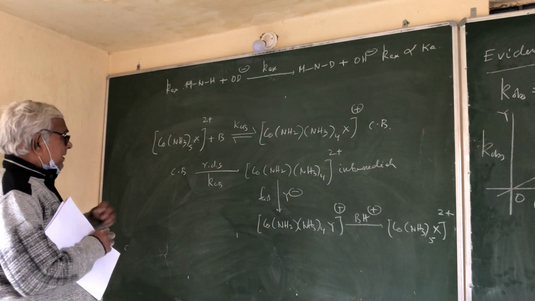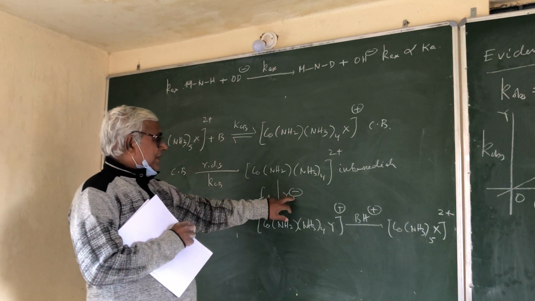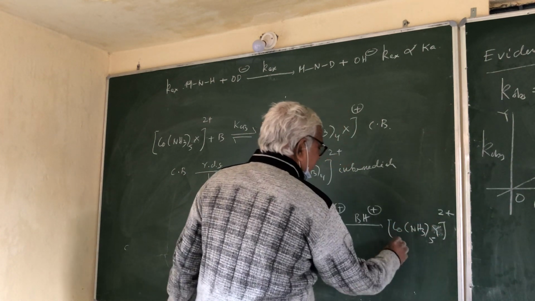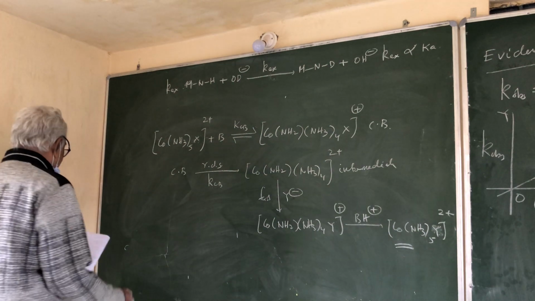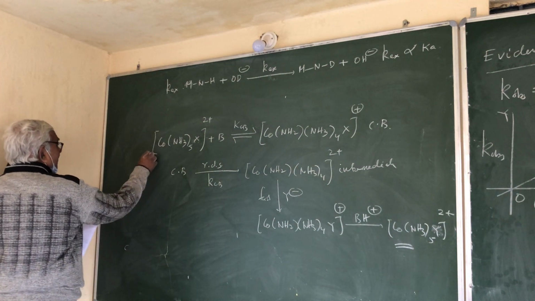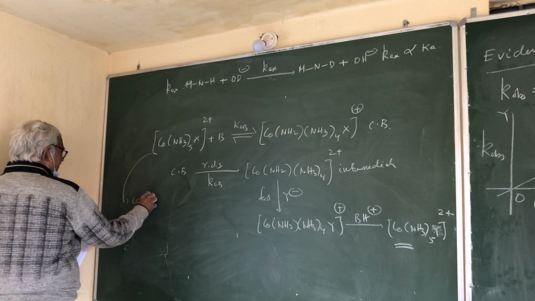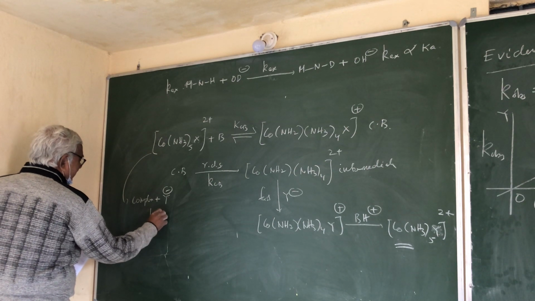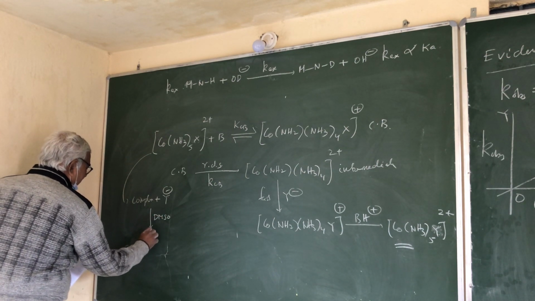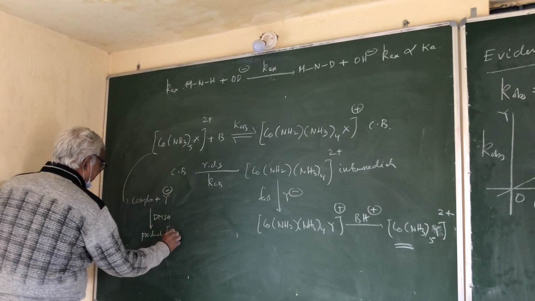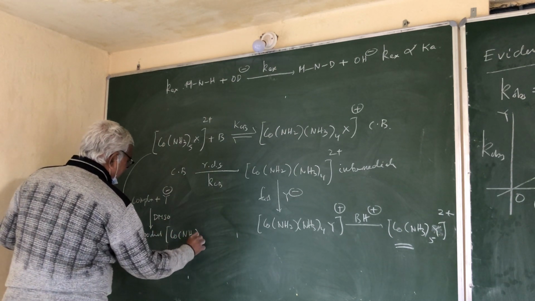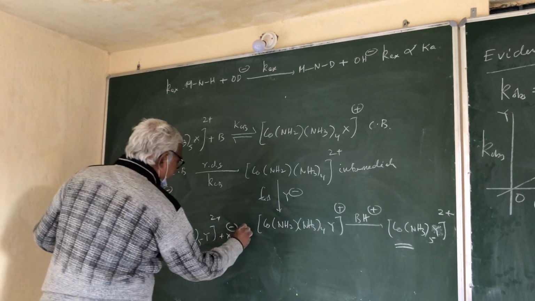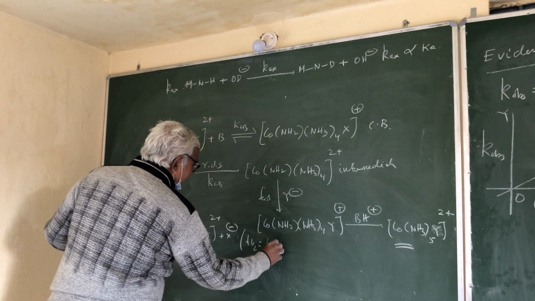If instead of water we give another nucleophile Y minus, then this type of product formation is also possible. So here, complex plus Y minus in DMSO gives product, and T half is in hours.